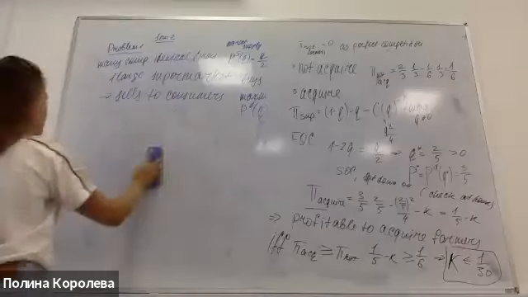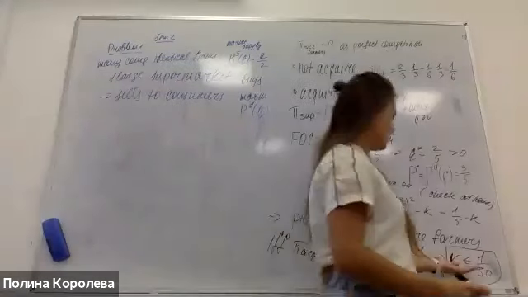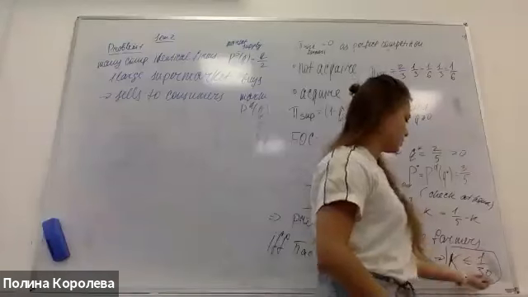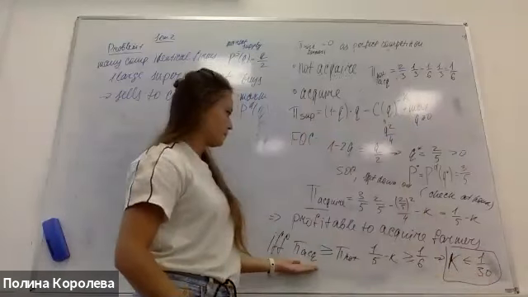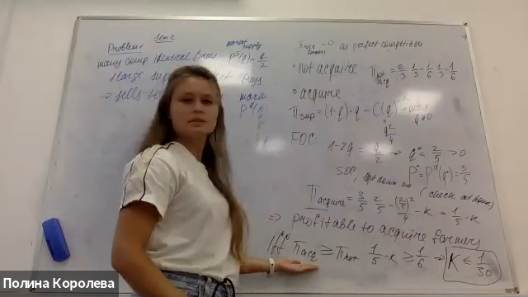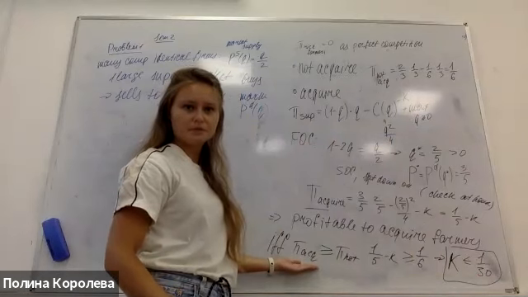Excuse me, Polina, does it matter if K is just less than 1 divided by 30, or K is less or equal? It doesn't matter, because when K is equal to 1 divided by 30, the supermarket is indifferent.